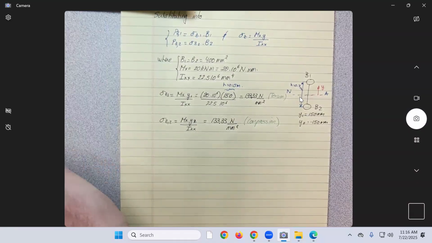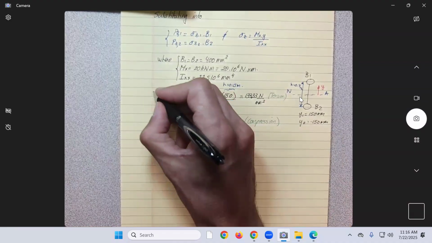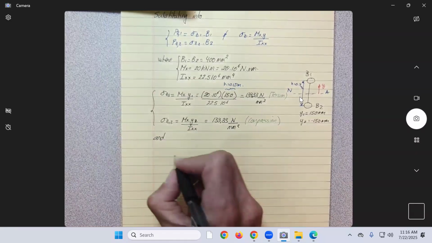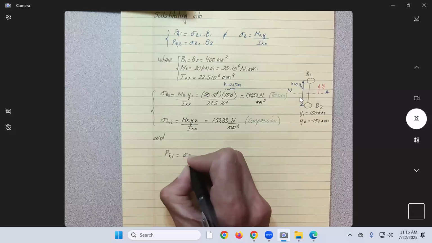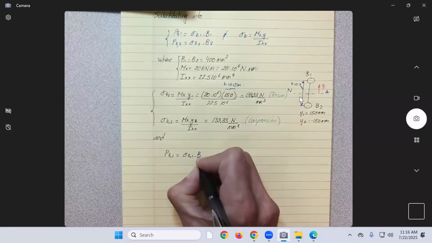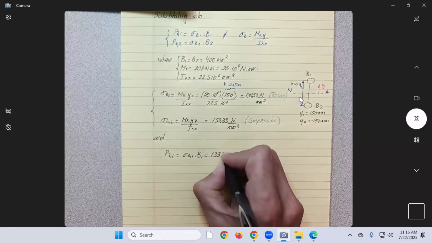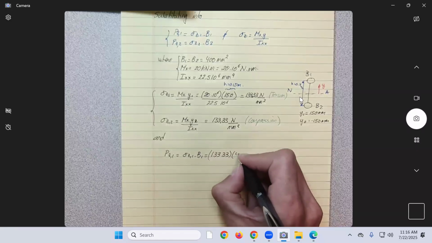Then we have PZ1 equal to sigma Z1 times B1, which will be equal to 133.33 times 400.